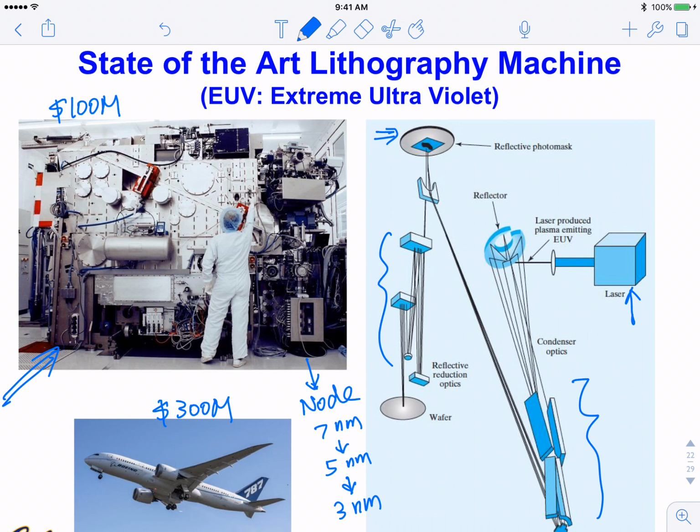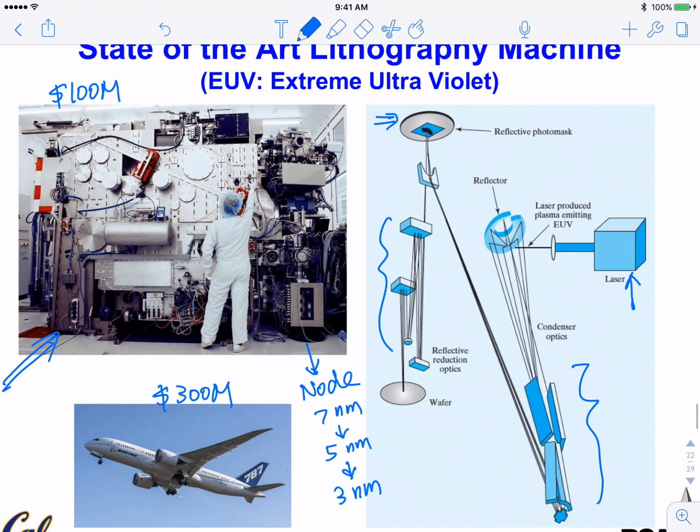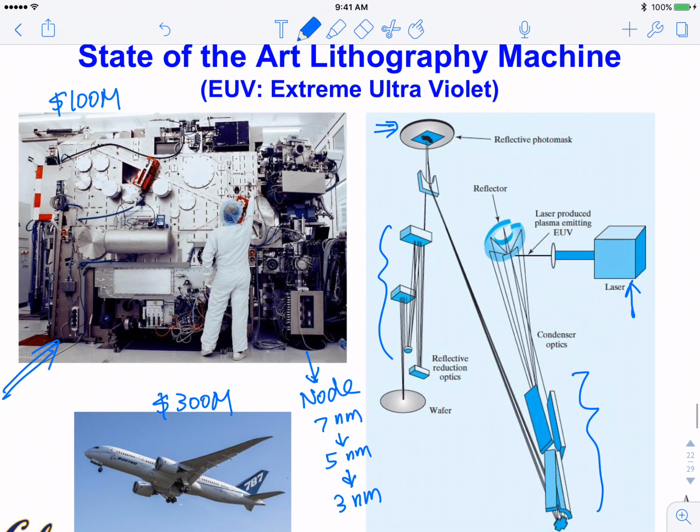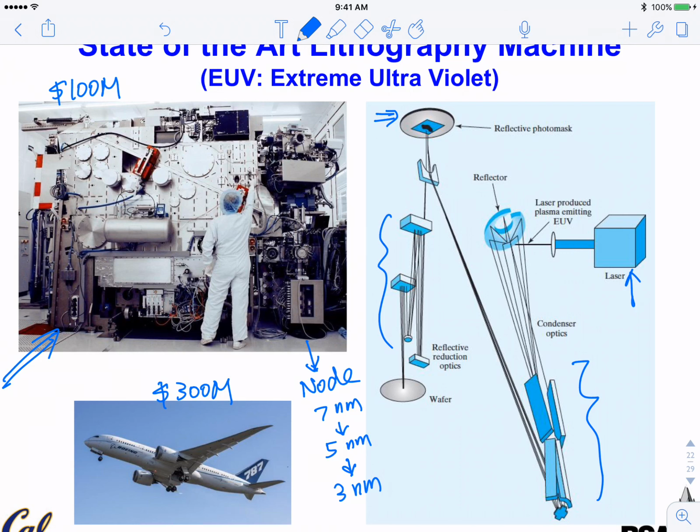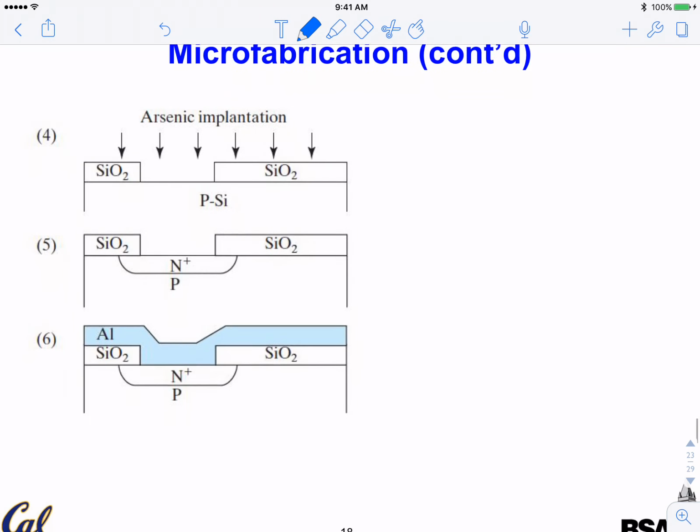If you buy such an expensive machine, you got to use it for a long time before you buy your next machine, right? If you own an airplane, you better carry a lot of passengers before you have enough revenue to buy your next airplane. Right now, the 193 nanometer lithography is about 20 nanometer node, 16 nanometer node. So this allows the revolution to continue.